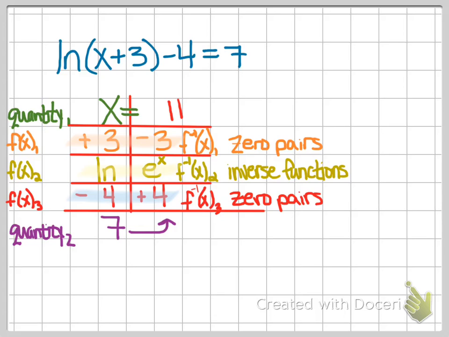And then I'm going to use that exponential function on it, and then I'm going to be taking away 3. So the solution to this equation is x is equal to e to the power of 11 take away 3.